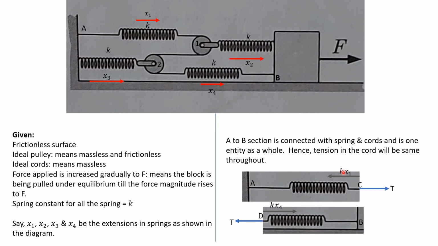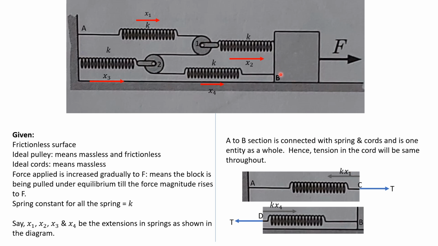So these are the forces which are acting on the point C, but the point C does not have any acceleration. So if we write the force equation, T minus Kx1 will be equal to 0. So that is T is equal to Kx1.